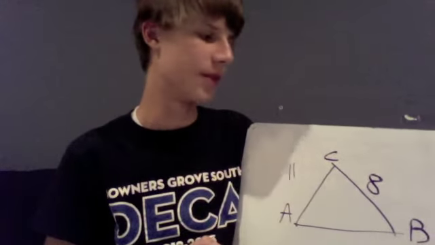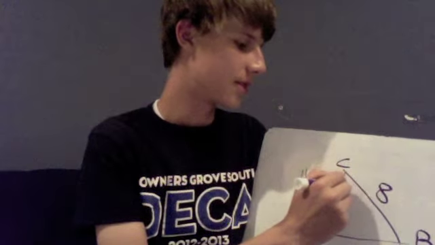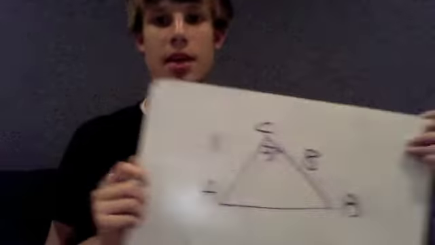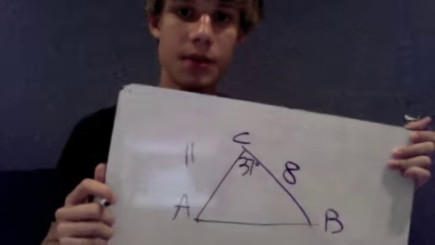We also know that the angle measure of angle C is 37 degrees. Make sure we have the degree mark in there. And this is what we have so far.